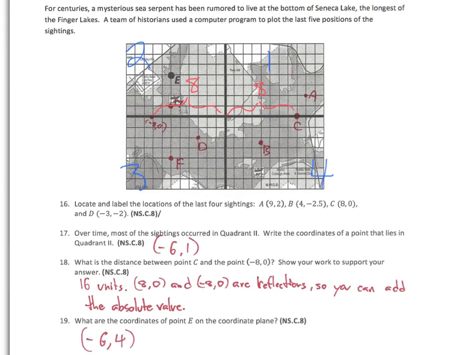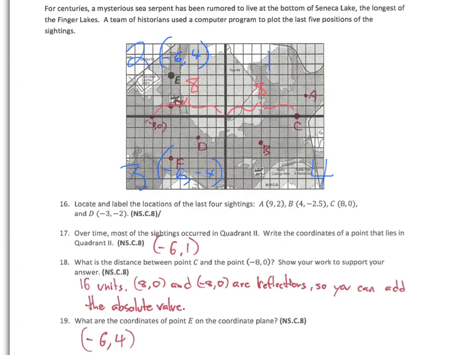So point E is at -6, 4. So point F should also be at -6 down here. But its y-coordinate has to be the opposite, because it says the x is the same. So this is +4, and the opposite of +4 is -4.